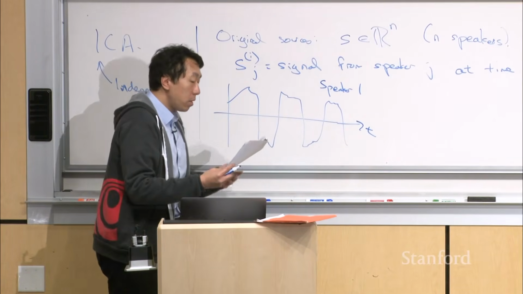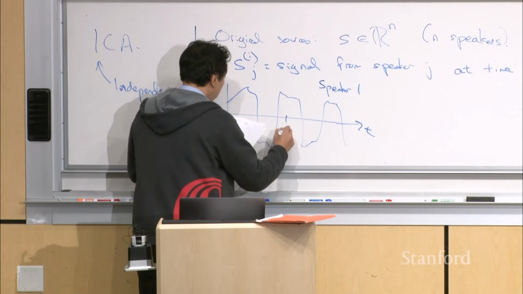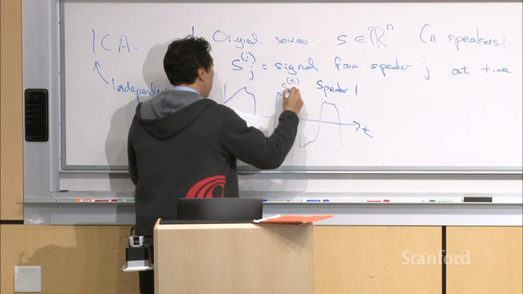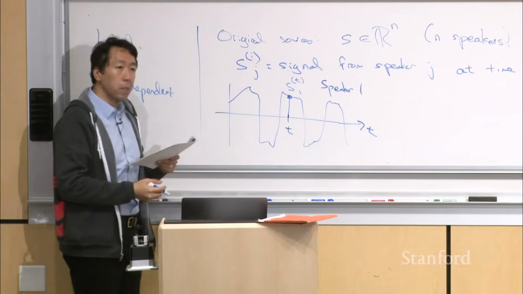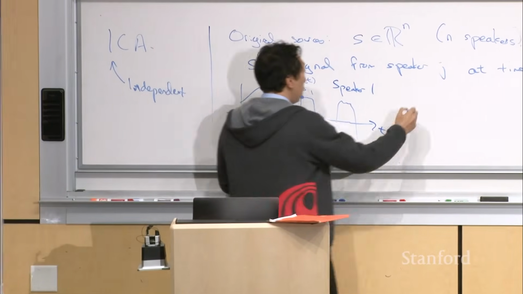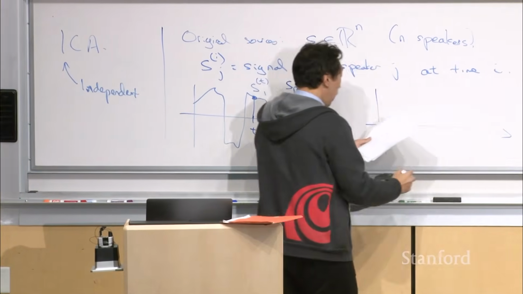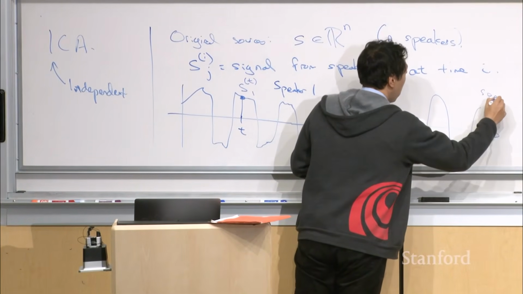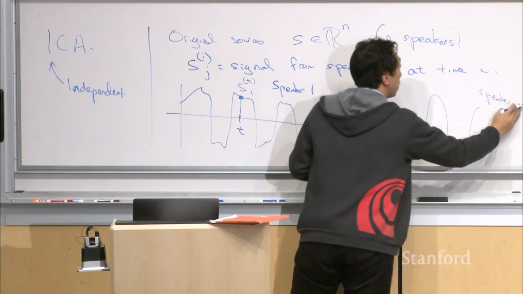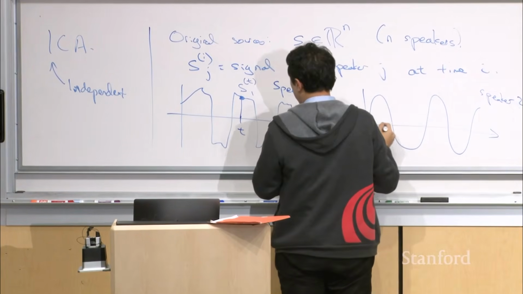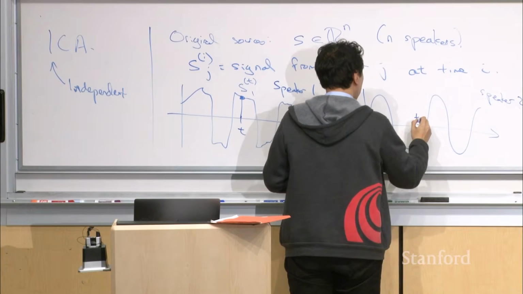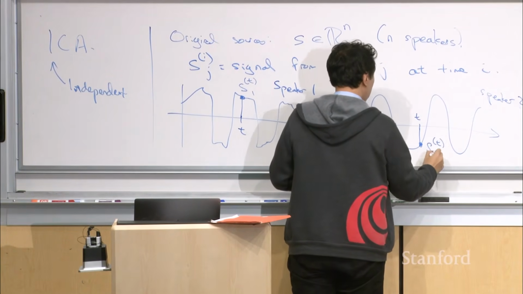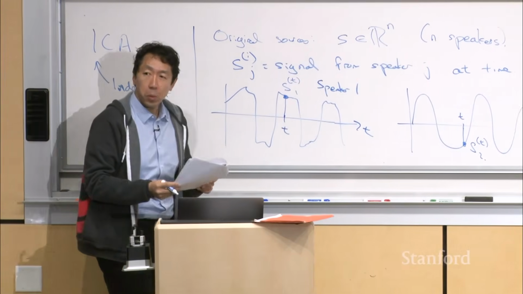So at time t, this height is S_1t if that's speaker 1. And if speaker 2 looks like this, then at the same time t, the height of this is S_2t.